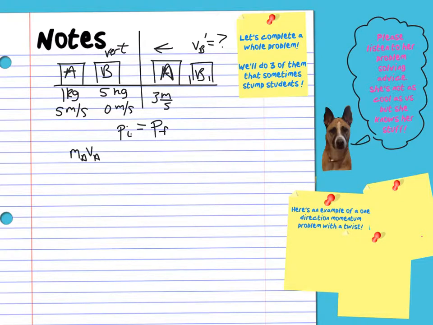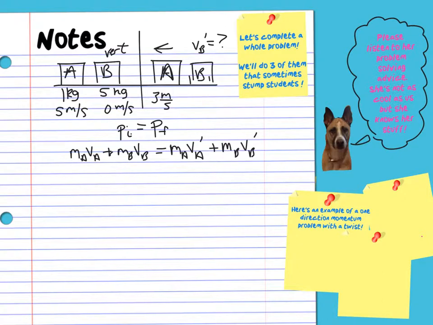So the momentum of box A plus the momentum of box B initially is equal to the momentum of box A after the collision plus the momentum of box B after the collision.